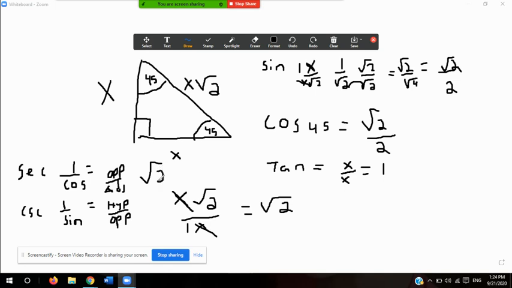And to find the cotangent, it's really easy as well, because the cotangent is the opposite of the tangent. So instead of saying 1 over tangent, I can simply use the opposite of it. If tangent is opposite over adjacent, this would be adjacent over opposite.